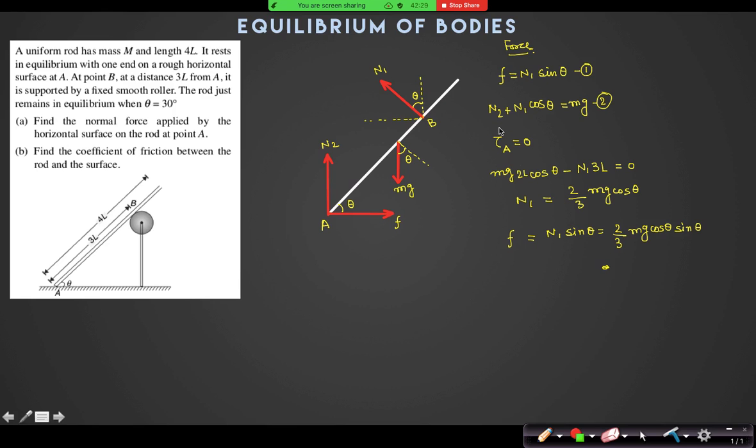Now I have to calculate the normal force applied by the horizontal surface on rod A, that means N2. N2 is mg minus N1 cos theta, that is mg minus 2 by 3 mg cos square theta.